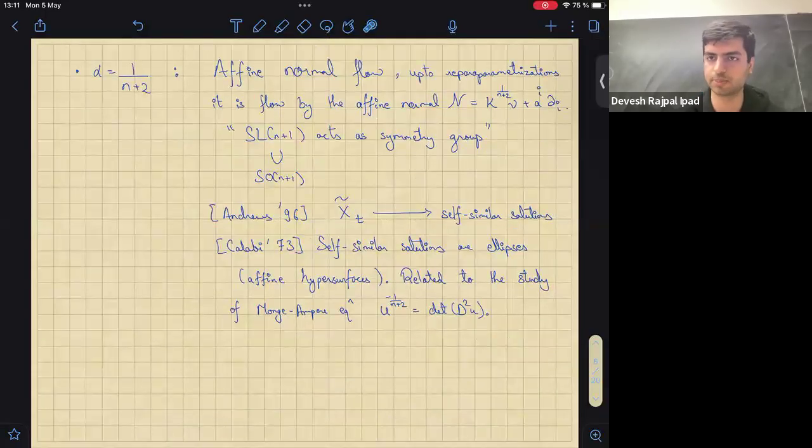Next, we'll come to a special exponent of this flow, which is the affine exponent.